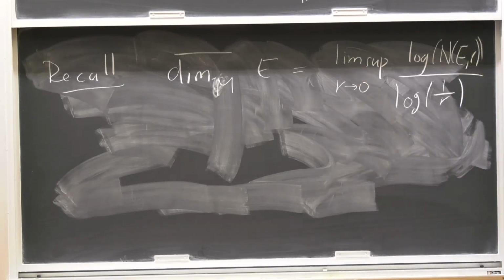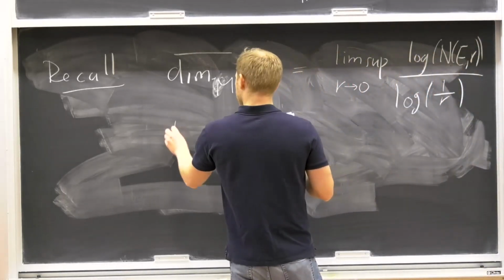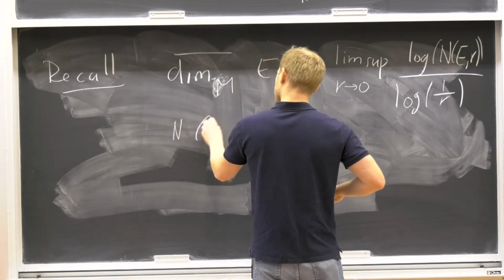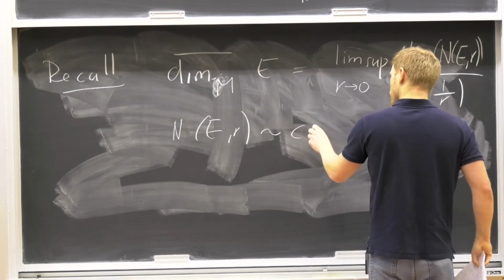And again, the N of E, R here is the number of balls of radius R in the appropriate R to the N that you needed to cover E. Of course, you have to know that this actually converges.